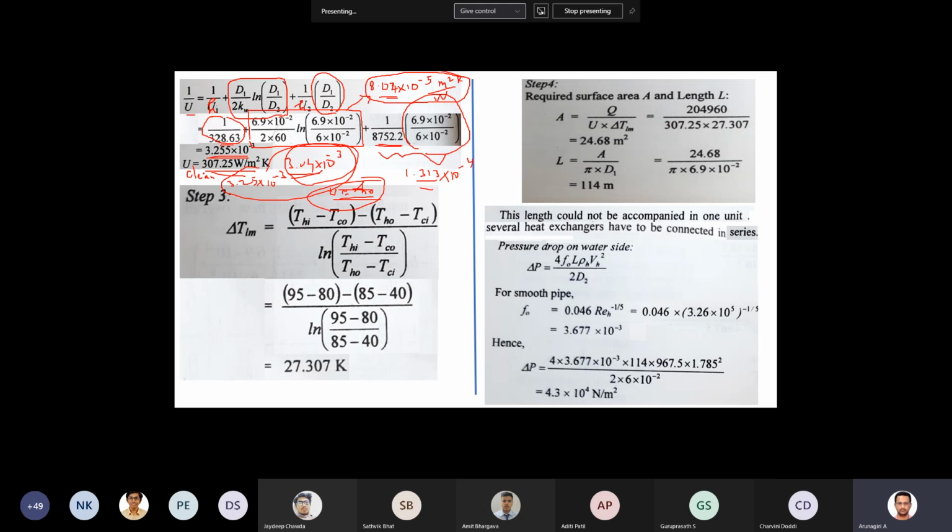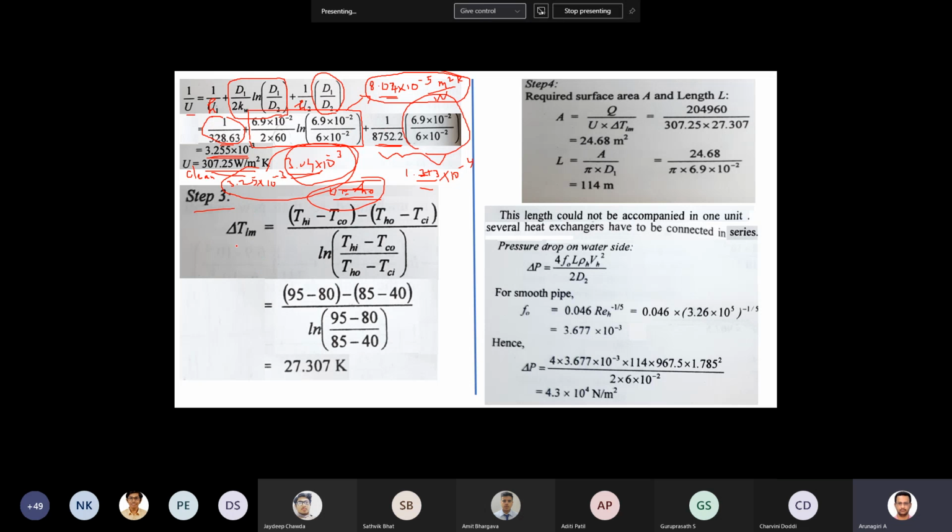If the value is 1000 or 1500, it will reflect here. If it is 1 by 1000, that means 1 in 10 power minus 3, almost this value. If the value increases, then 1 by 4 means 250, the value will come down.